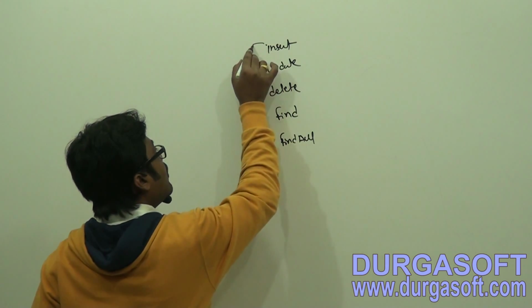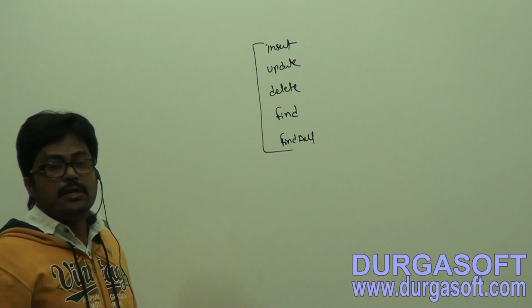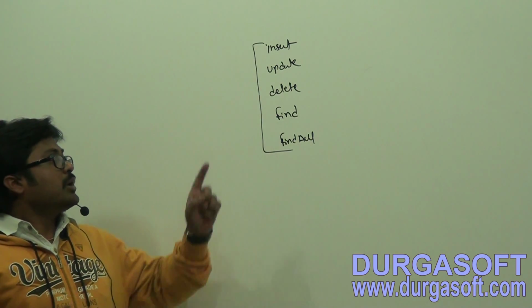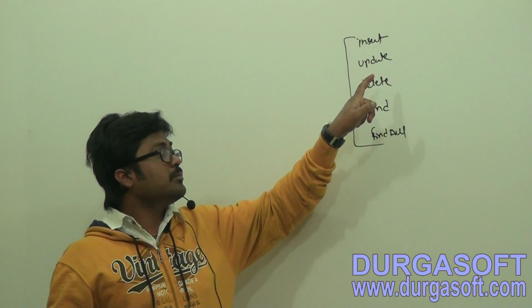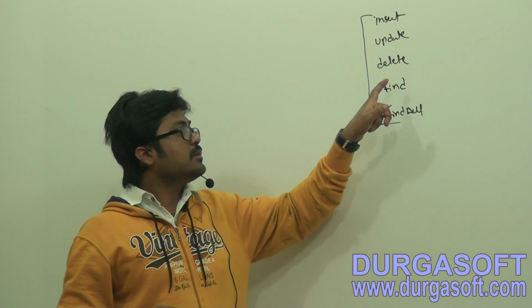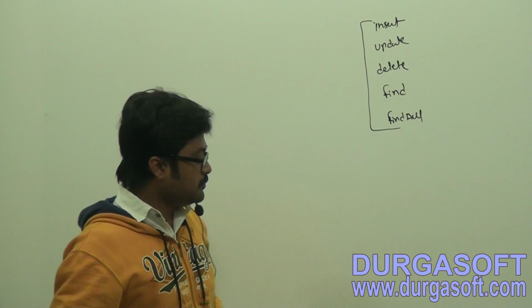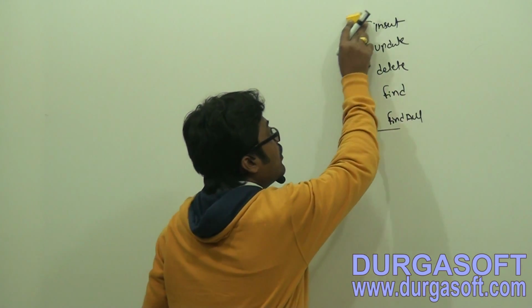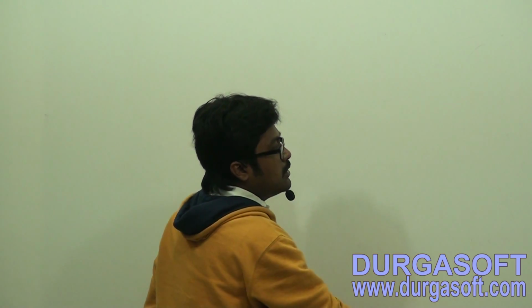These are common operations required on any table, right? We have up to 24 tables. From these tables, sometimes you may need to insert data, sometimes update, sometimes delete, sometimes find, sometimes find all. These five operations you may require on your tables, right?